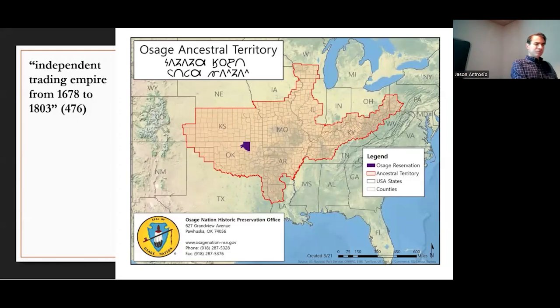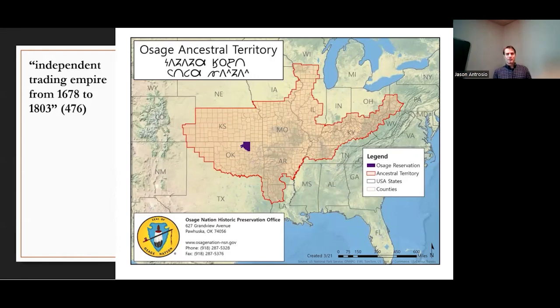I just wanted to highlight here that Graeber and Wengrow tell us that the Osage retained their independence for quite a long time, and from 1678 to 1803 had an independent trading empire throughout this region.